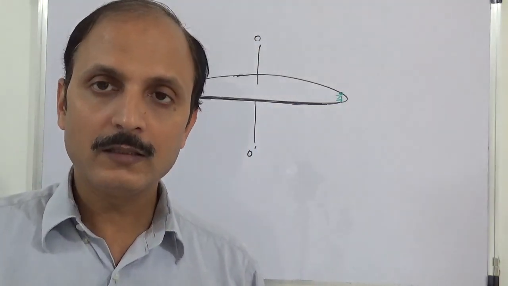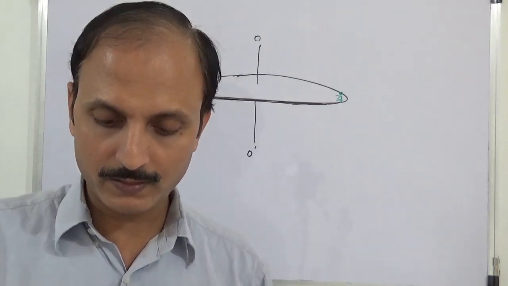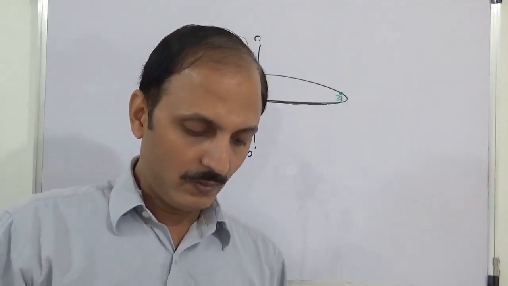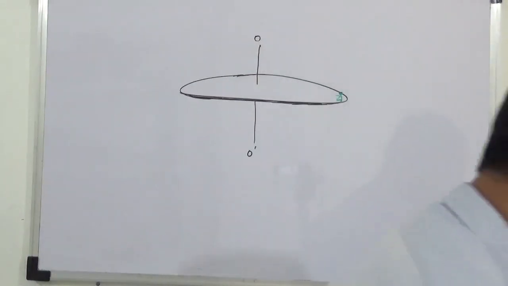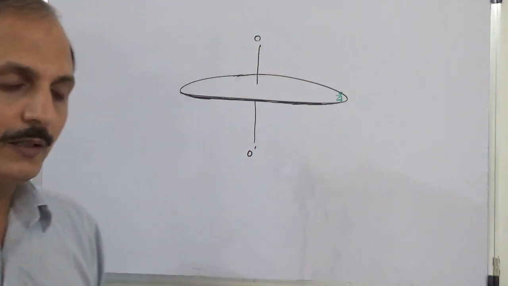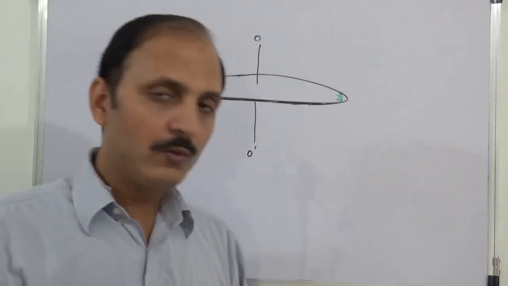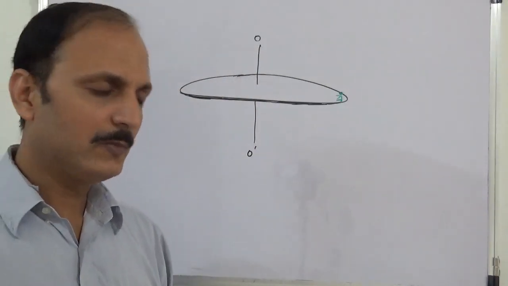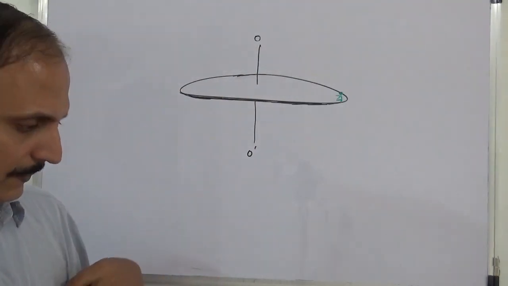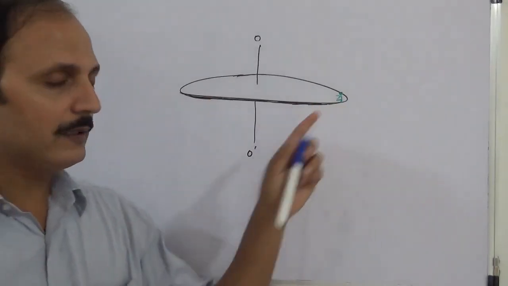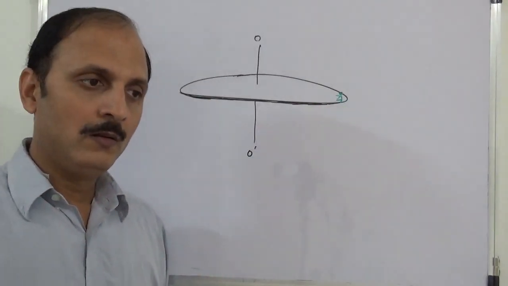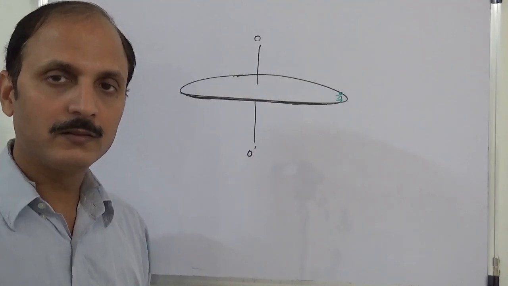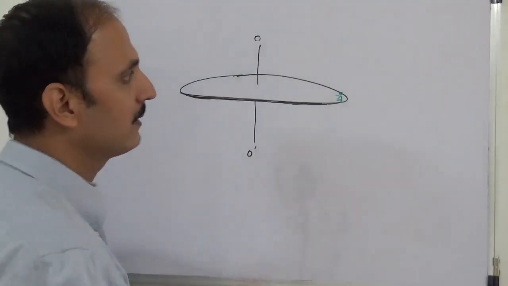So analyze the system. Basically, the question is a two-body rotatory system. Initially the disk and the insect are at rest. Now it starts crawling.